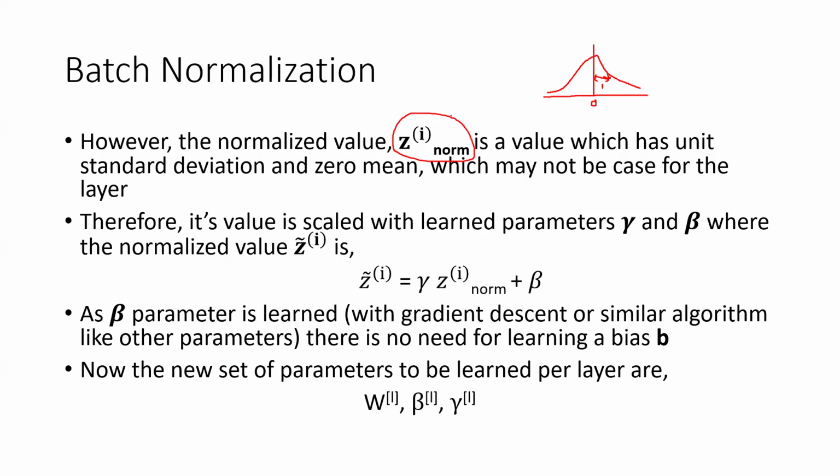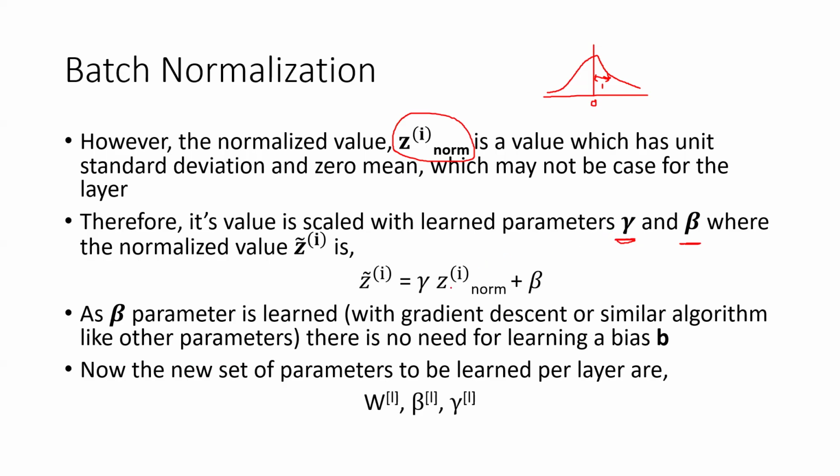Because of that, we can't directly use this normalized z value as the z output. Because of that, we have to add two other parameters, gamma and beta. These parameters are learned during the backpropagation algorithm.